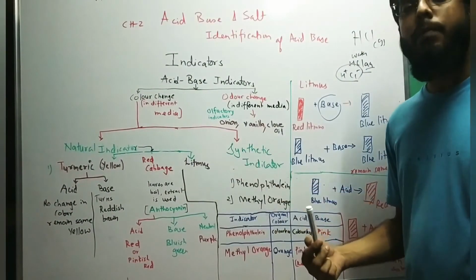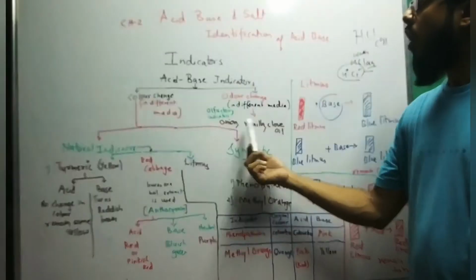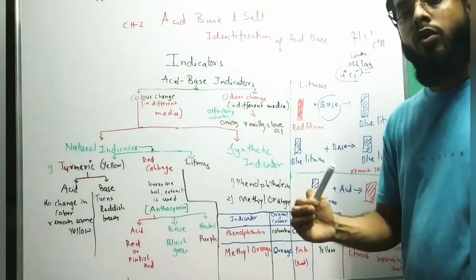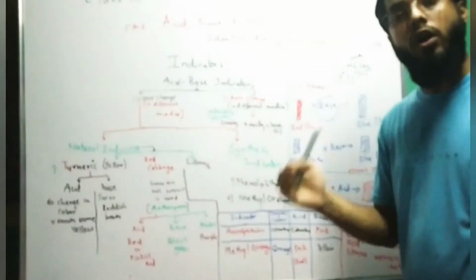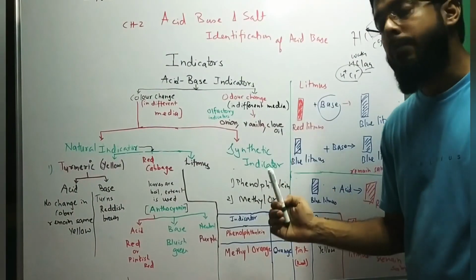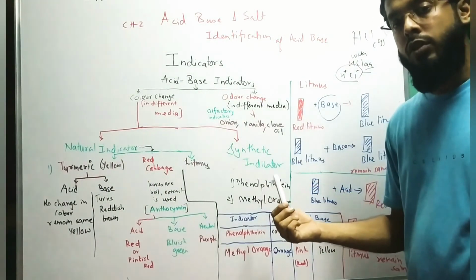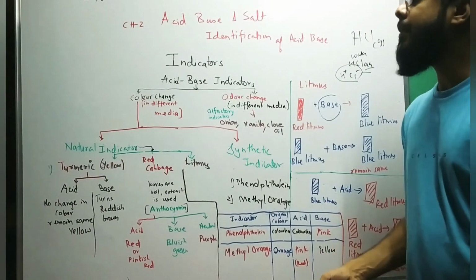We have certain examples here: onion, vanilla, clove oil. All these three have no change in odor in acidic medium. Their smell remains the same in acidic medium, but they change their odor in basic medium. So this was about the acid base indicators.